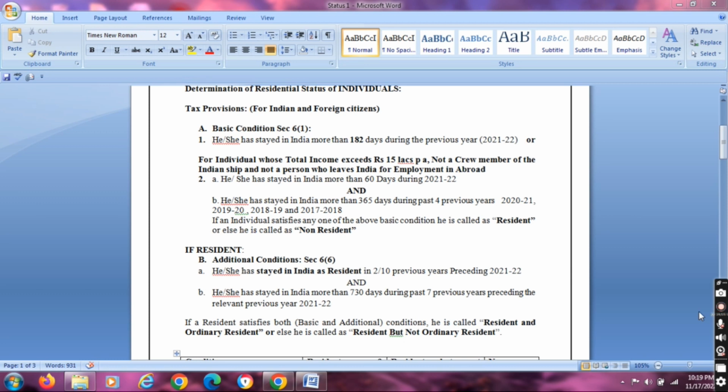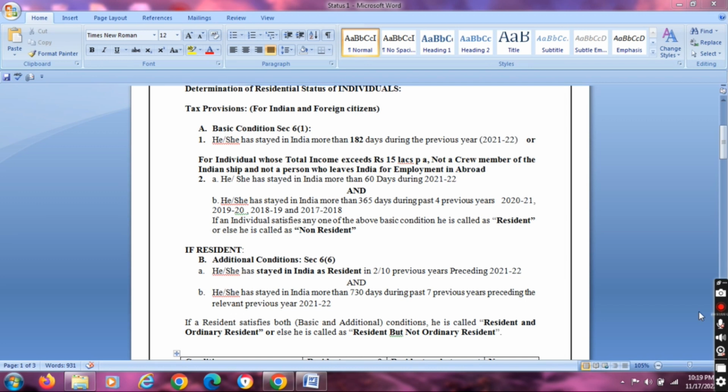He or she has stayed in India as resident in 2 out of 10 previous years preceding 2021-22, and he or she has stayed in India more than 730 days during the past 7 previous years preceding the relevant previous year 2021-22.